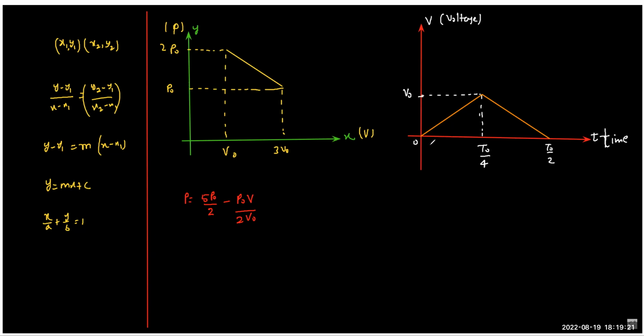The first line is from 0 to t naught by 4. And the second line you can clearly see is from t naught by 4 up to t naught by 2. Of course, these are not lines, these are line segments, but these are part of some line. So we are supposed to find the equation of the line of which these are part.